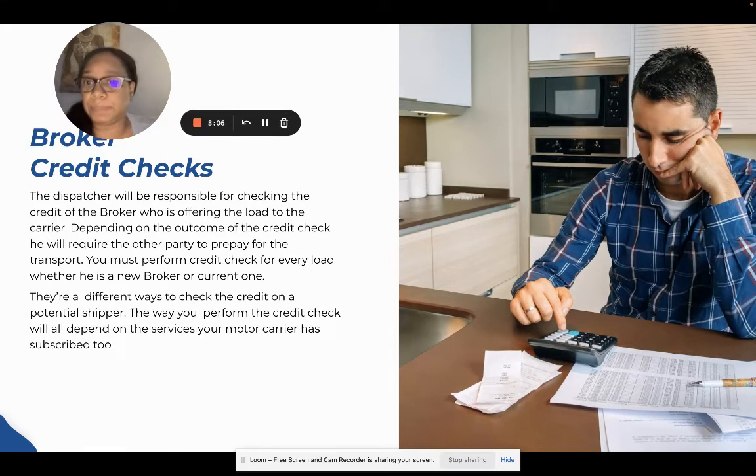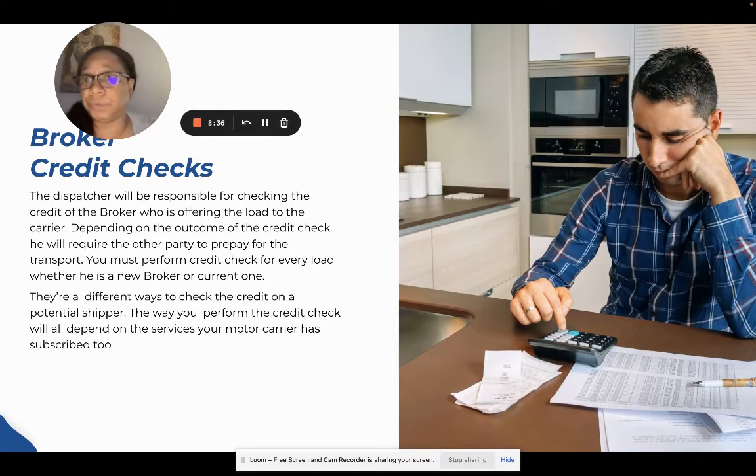So like I said, the dispatcher will be responsible for checking the credit of the broker who was offering the load to the carrier. Depending on the outcome of the credit check, he will require the other party to prepay for the transport. You must perform credit check for every load, whether he is a new broker or current one. Like I said, you go on the load board, and you will find out if your broker is cool or not to work with.